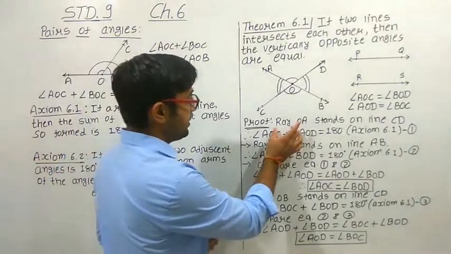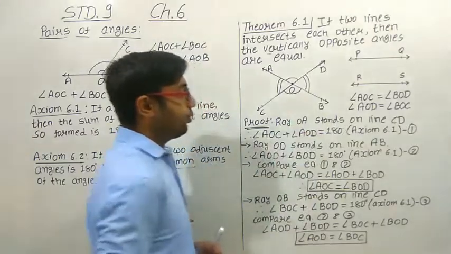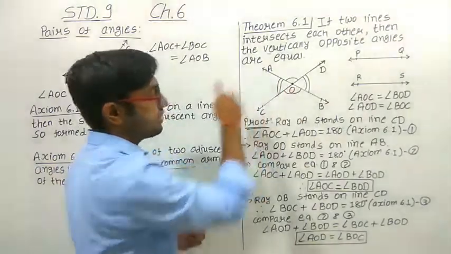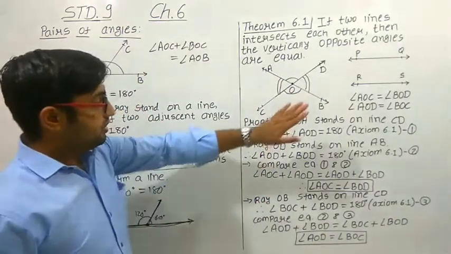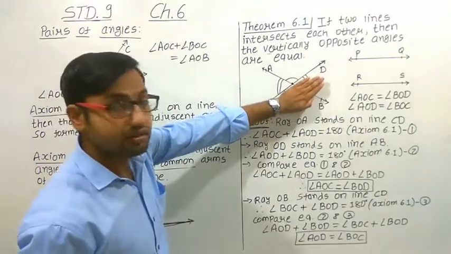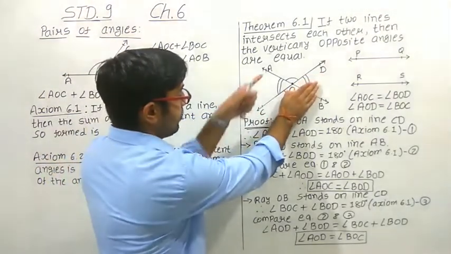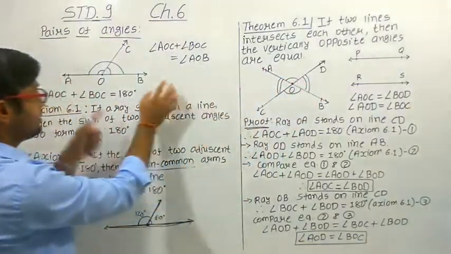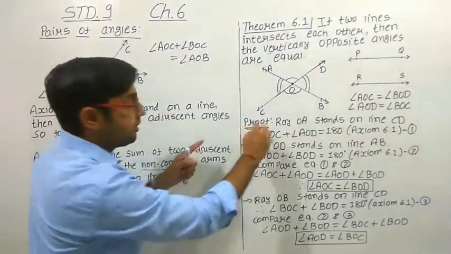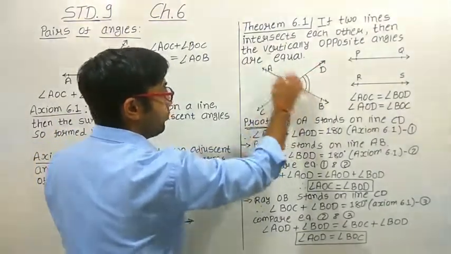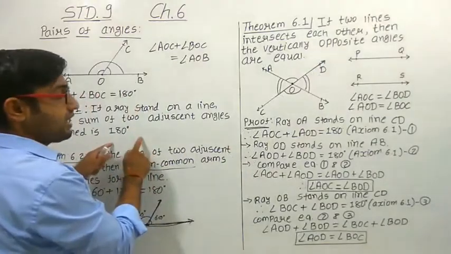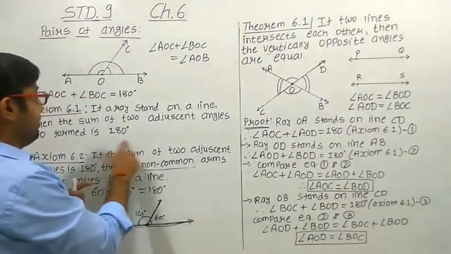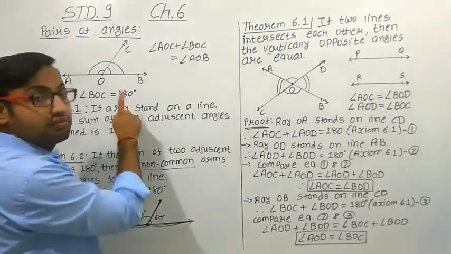So see, here we can say that ray OA stands on line CD. Consider the line CD and one ray OA standing on it. Now for this case, ignore this OB, consider only the line CD and ray OA. Right? So according to this axiom, we can say that the sum of both adjacent angles will be 180 degrees.